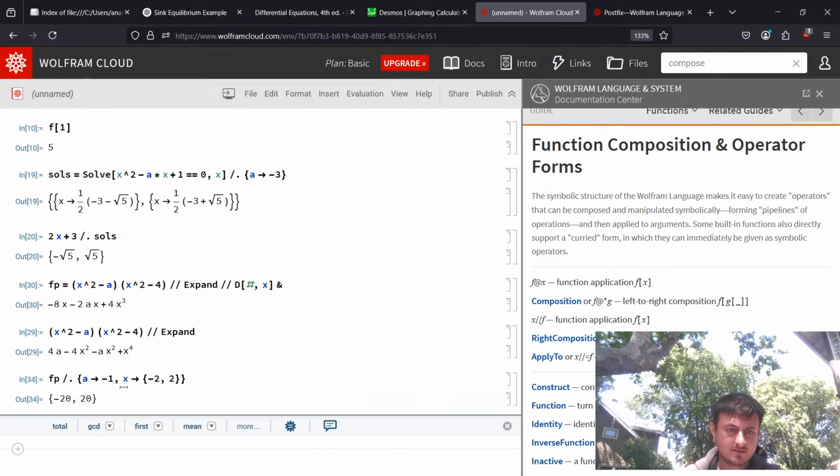Wait, what is going on? At y is equal to 0, we have 3 equilibria.